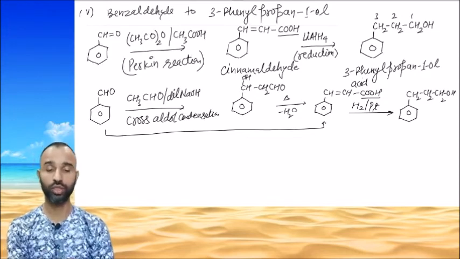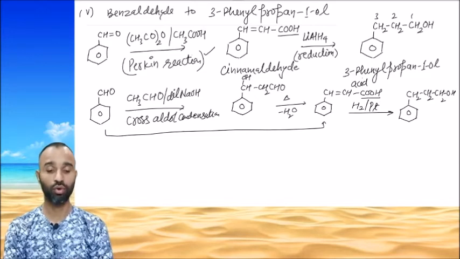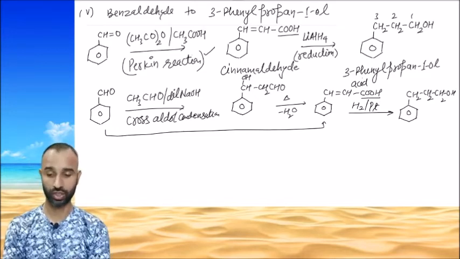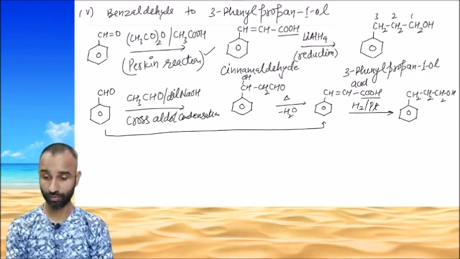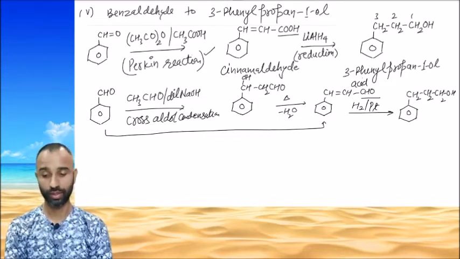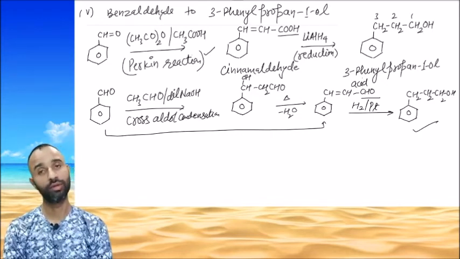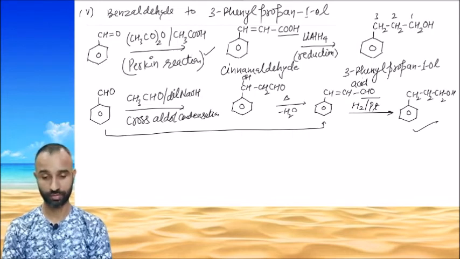Both ways you can use, either you start with Perkin reaction or you can do cross aldol condensation. And then on H2/Pt we get the desired product. Done.